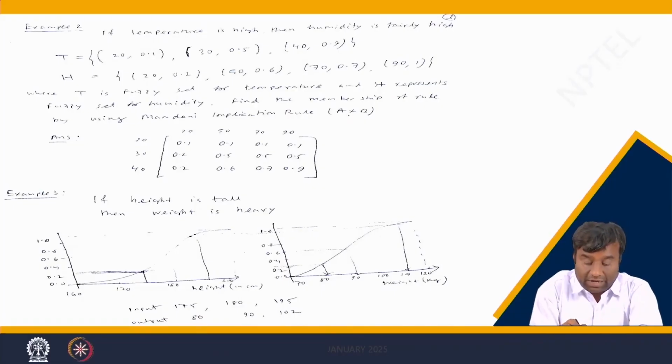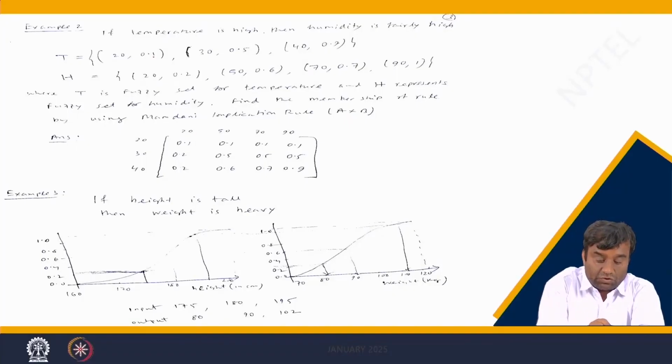Here you need to write A cross B, which is the minimum of these two. 0.1 and 0.2, minimum 0.1. Similarly 0.1 and 0.6, minimum 0.1; 0.1 and 0.7, minimum 0.1; 0.1 and 1, minimum 0.1.